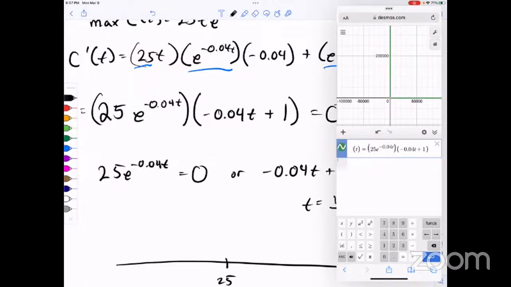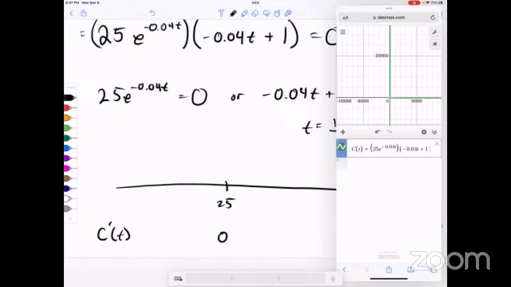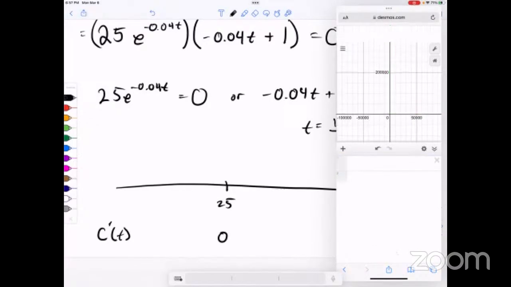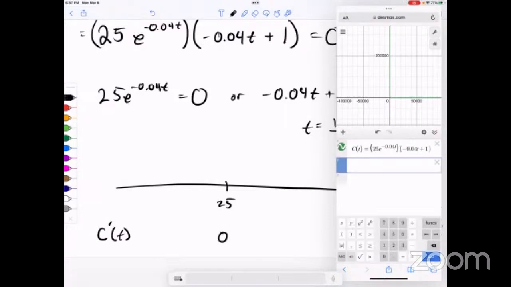Okay, let's just do a test point. So when t is 25, we should get 0, right?